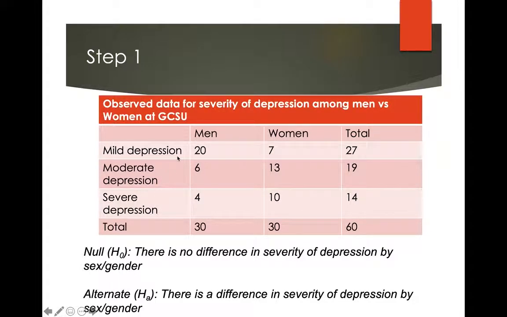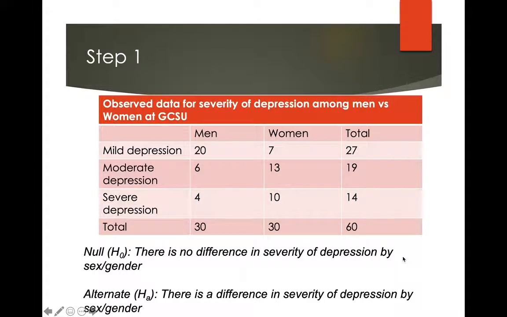When I am looking at this, the rows and columns that I will eventually use in my degrees of freedom calculation are only my men and women and the levels of depression. The total column and the total row are not used in calculating the number of rows and number of columns.